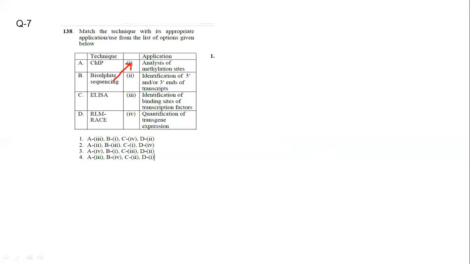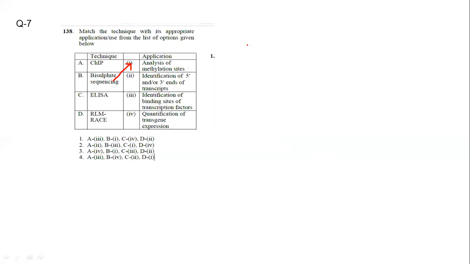In most cases, methylation in CpG islands leads to gene suppression, or reduces the gene expression level. You can watch that video also, bisulfite sequencing for analysis of methylation sites.